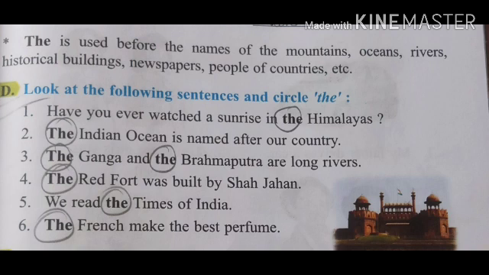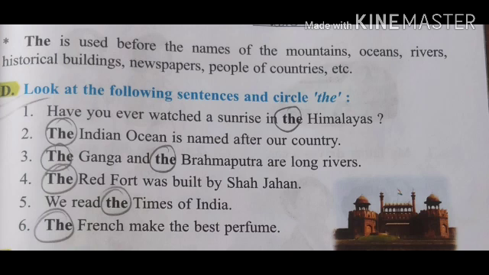See my dear students, Himalayas is the name of a mountain range, so before that T should be capital. In the same way, Brahmaputra is the name of a river, so before that also we have to write this T capital. Here in the fourth it is given correctly, and the Times of India before that also. Then the French makes the best perfume. Okay, so with this the you have to be careful, because whenever we write a special thing's name, we use The with a capital letter.